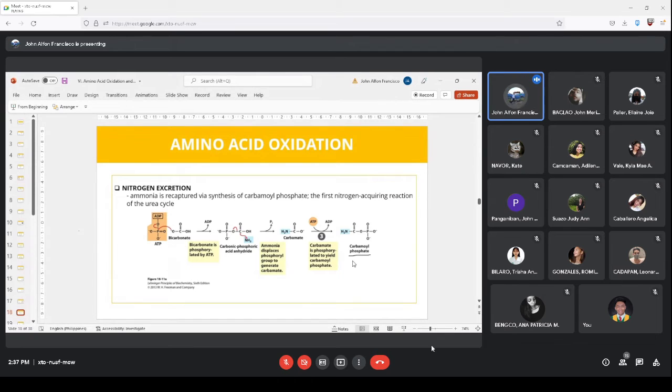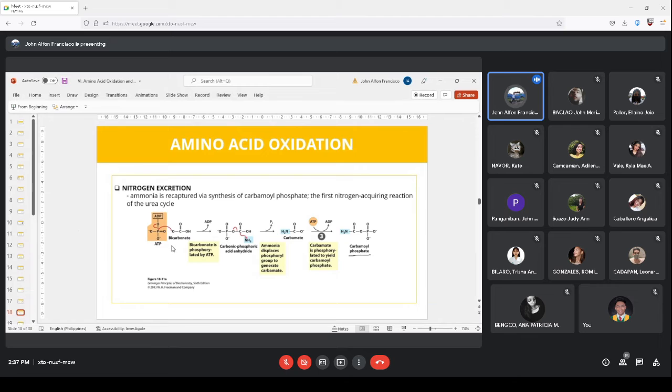Pero carbamyl phosphate is the allowed form of the amino group, amine containing para makalabas siya dun sa mitochondria. Okay, so ammonia is captured by synthesis of carbamyl phosphate. This is the first nitrogen acquiring reaction of the urea cycle. So before mag-proceed to urea cycle yung compounds mo, it should be converted to carbamyl phosphate.